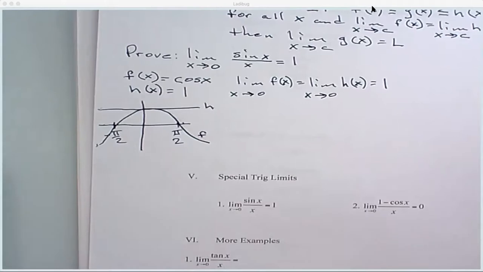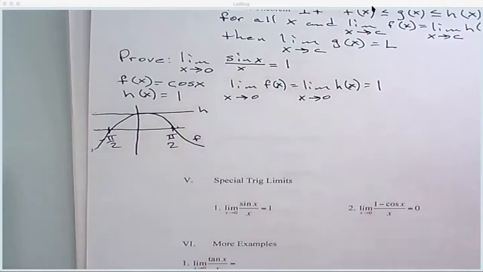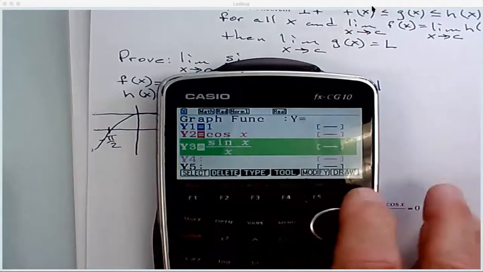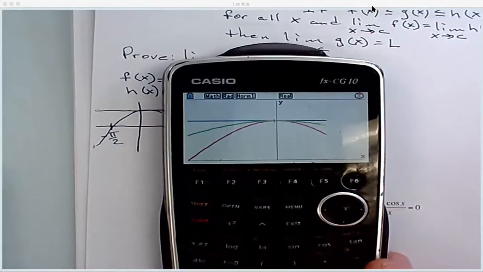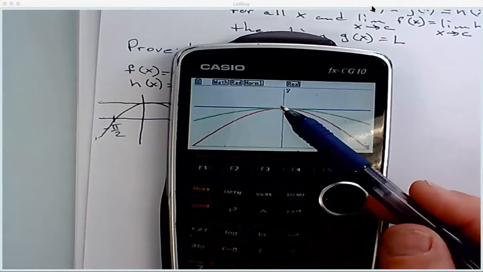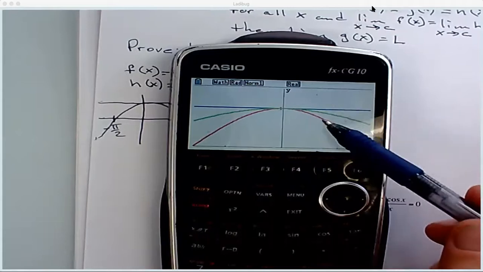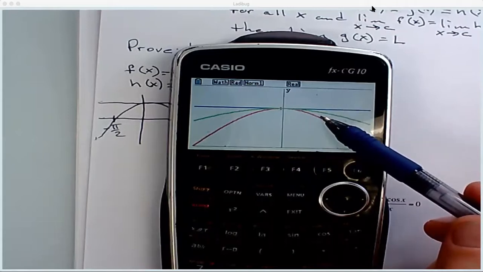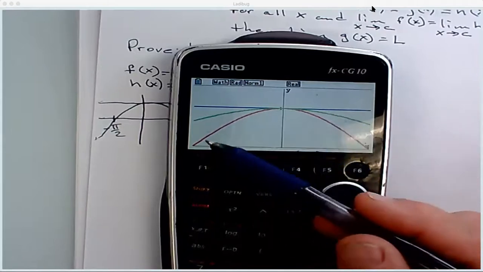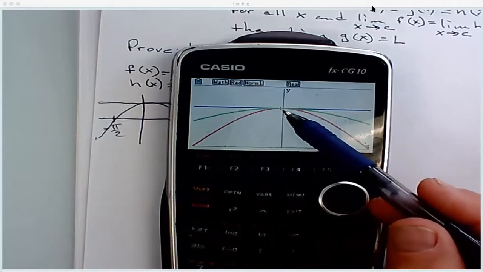So now I'm going to put in this function. And when I graph that, the green line is the sine of x over x. Do you see that? It's squeezed in between these two functions. And as it heads towards 0, it's being squeezed and pushed in. It is also headed towards 1, isn't it?